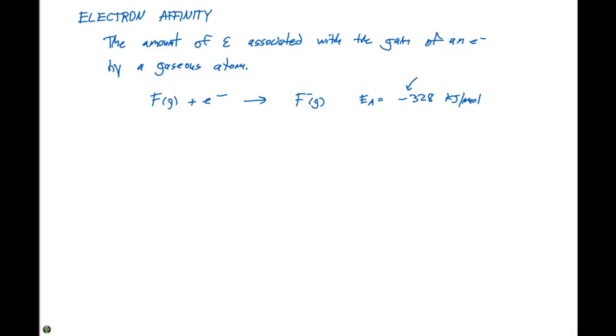And remember that the more negative the energy, the more stable. So if we have a very negative electron affinity, that means that this is a really good situation. It's going to be very, very stable.